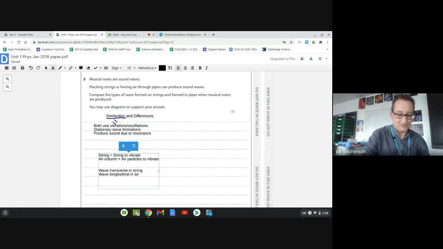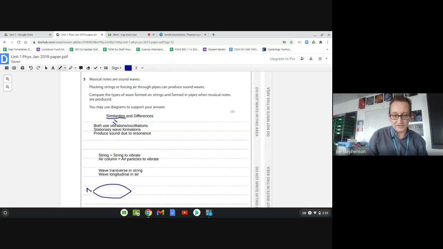The other key difference comes from how you might go about drawing these particular waves. In this case, you might draw a wave pattern for a string like that, and you'll see it's got a node at this end, and a node at this end, and an antinode. What you might say about a string is that it starts and ends on a node with an antinode in the middle.